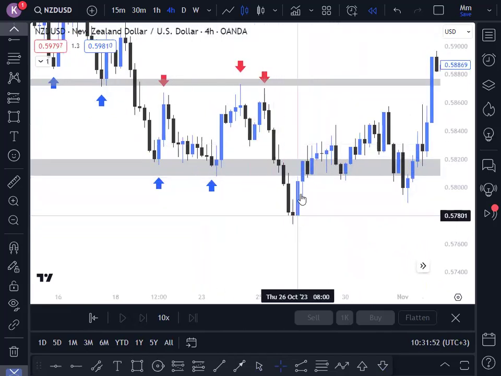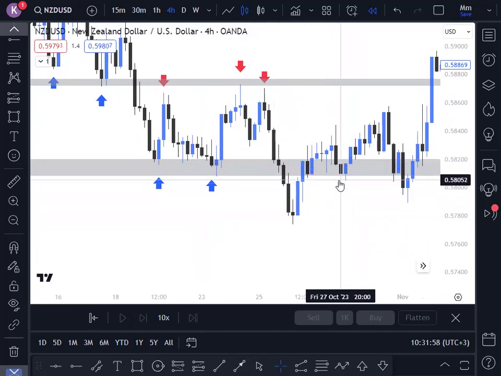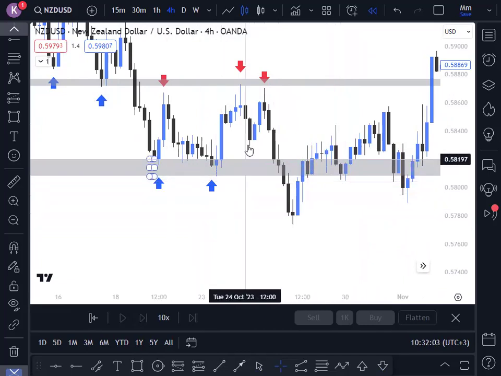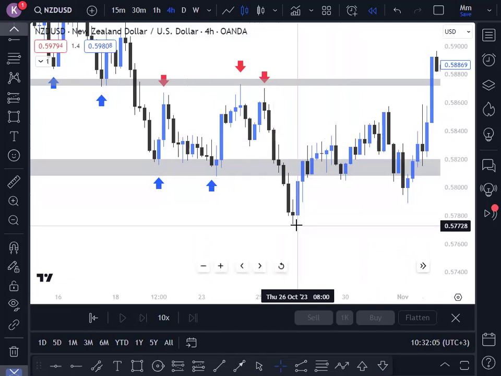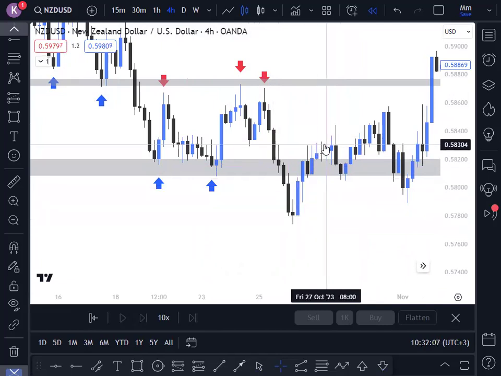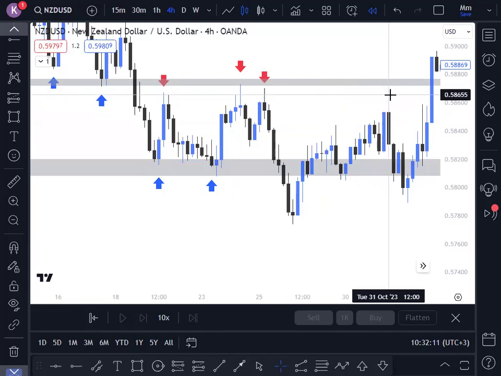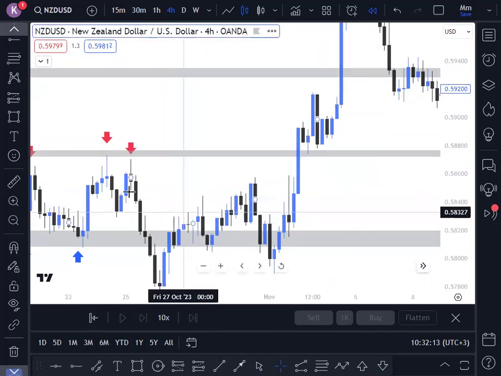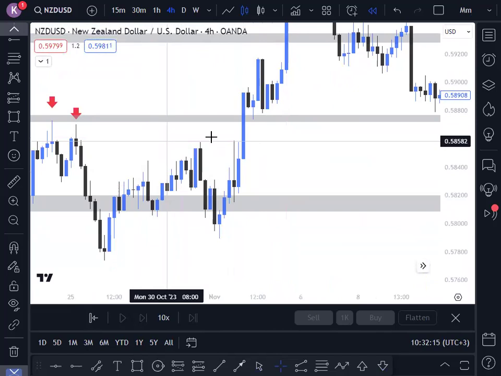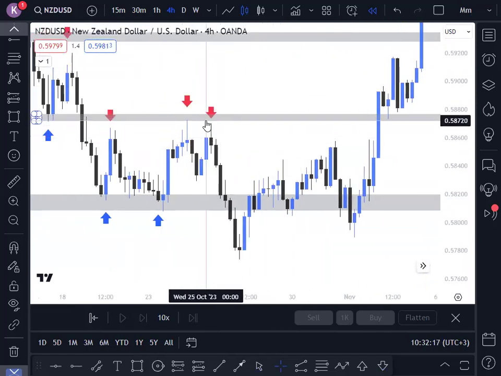So the market broke, later came back in between that zone, and the market made it become a support. So whenever the market breaks it, then comes back inside it, the market will test it before it can continue. And this was our resistance.